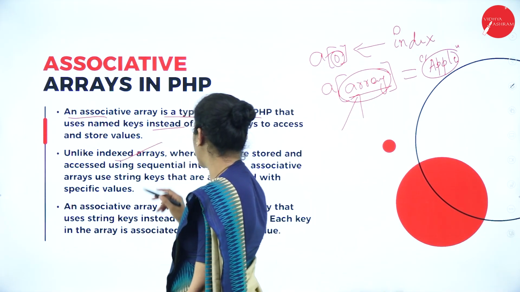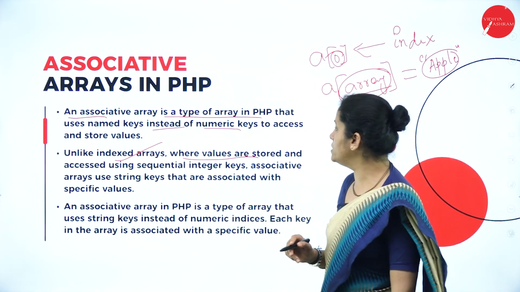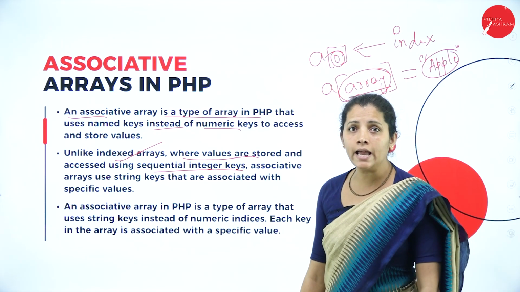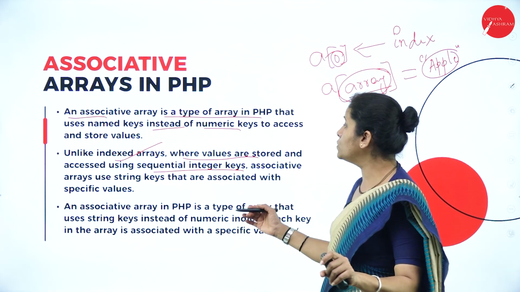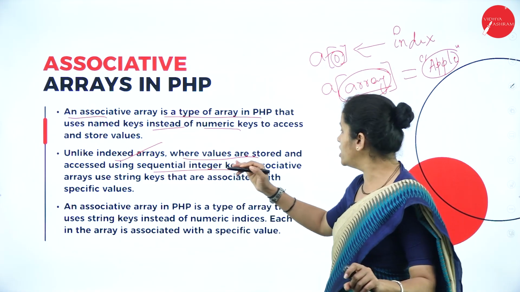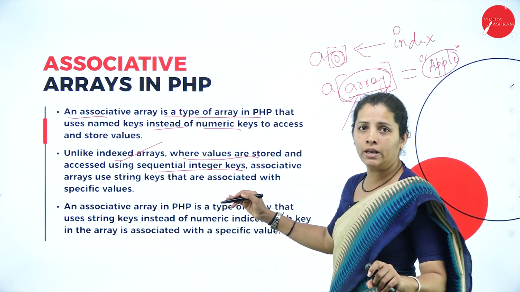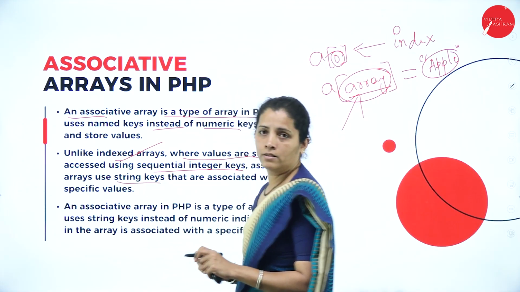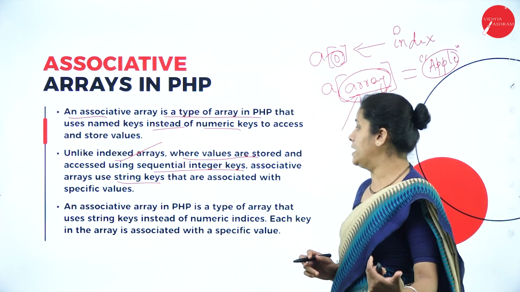Unlike an indexed array, where values are stored and accessed using sequential integer keys, in an associative array we use strings. A named key is nothing but a string key.